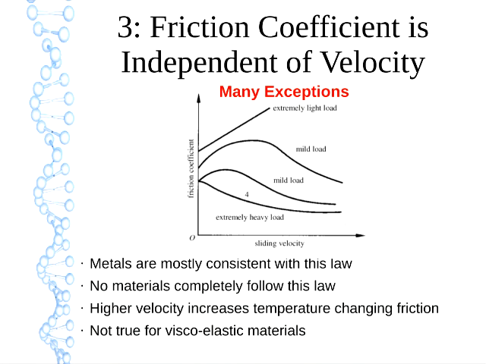The reason for this is that as you increase the velocity, the temperature of the contact tends to rise because you've got less chance to dissipate the heat and more heat is being created. And the change in temperature changes the material properties. Also, this rule is not true for viscoelastic materials.